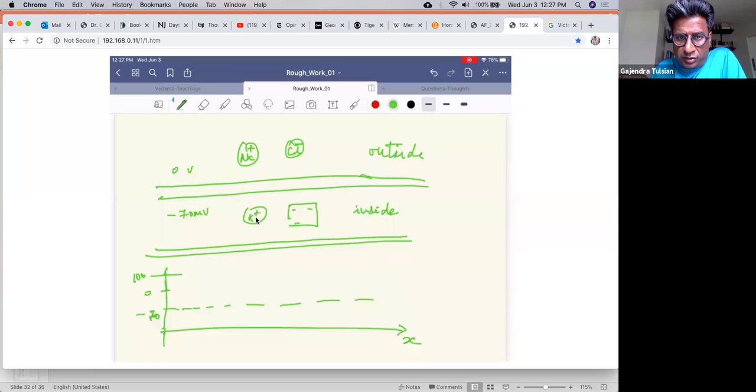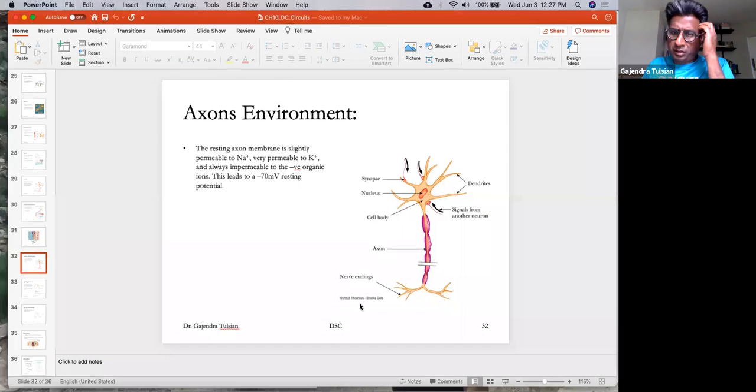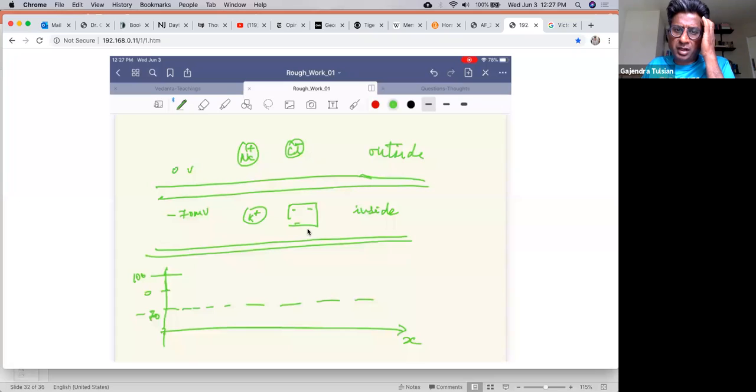And the concentration of potassium ions is higher here, and some of these will leak out via osmotic pressure. So the resting axon membrane is slightly permeable to sodium, very permeable to potassium, and always impermeable to the negative organic ions. So these cannot leak out.